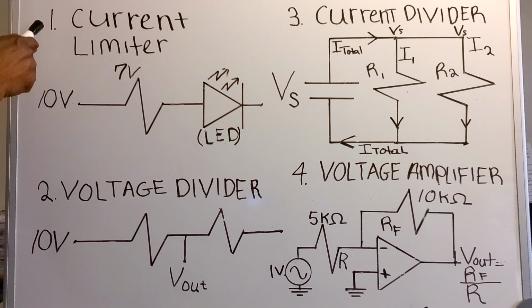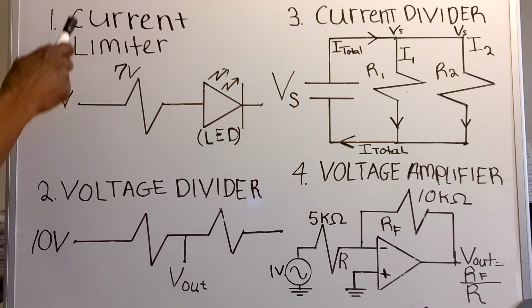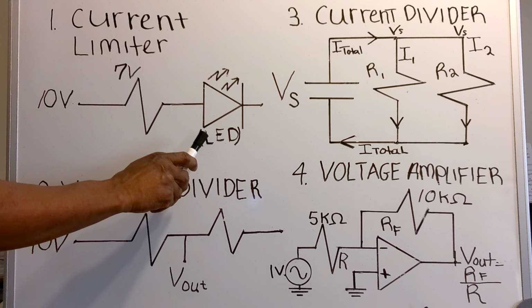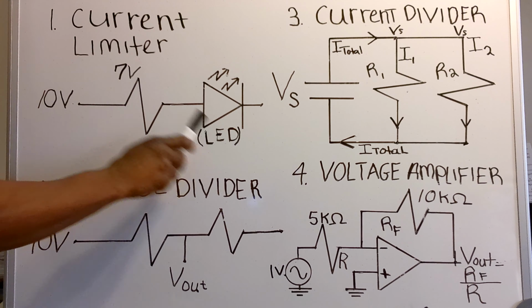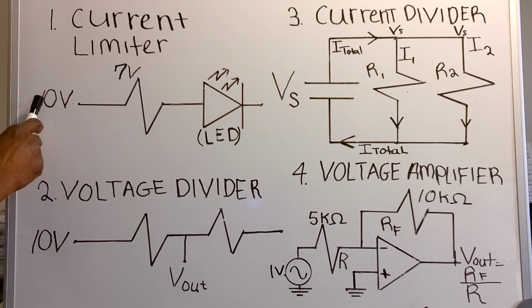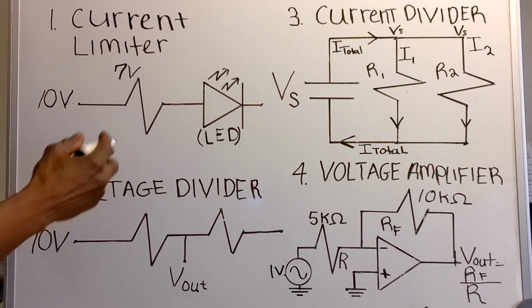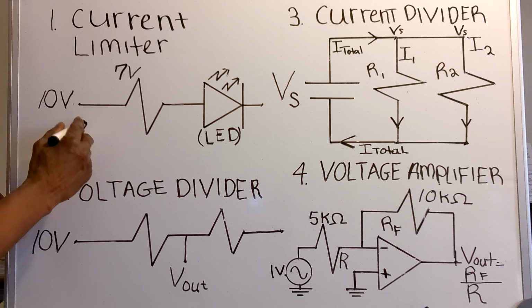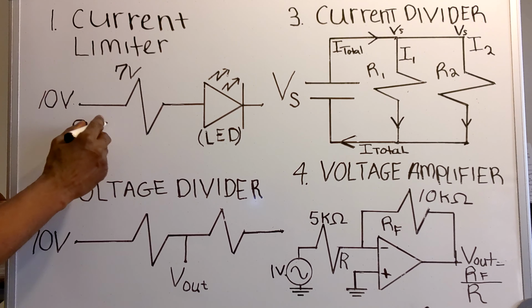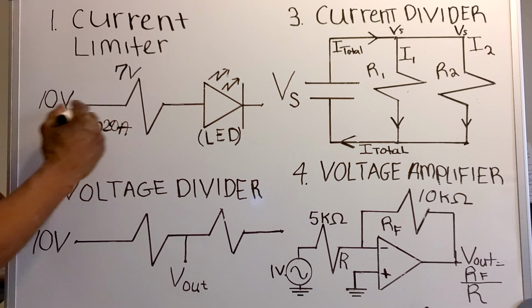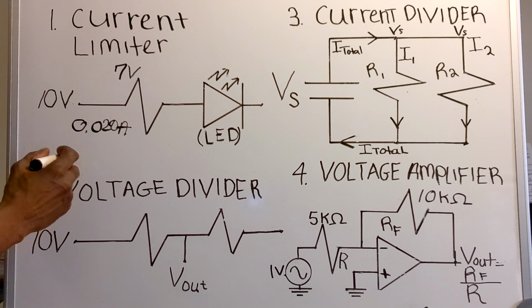Now we're going to start with number 1, a current limiter. Here I've got an LED in series with a resistance and a 10-volt source. I want 20 milliamps or 0.020 amps flowing through the LED.